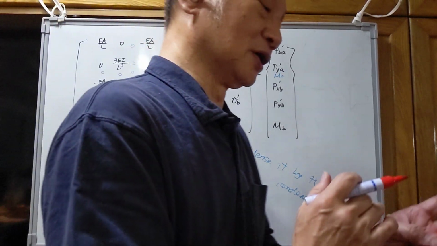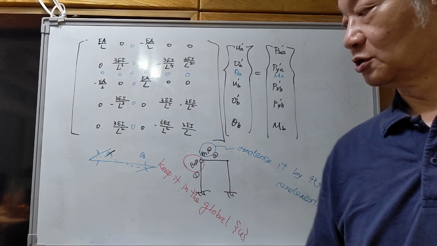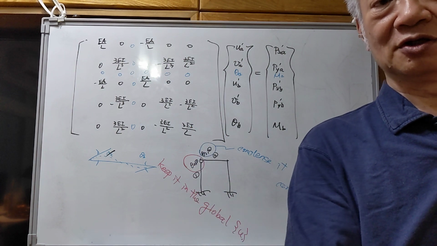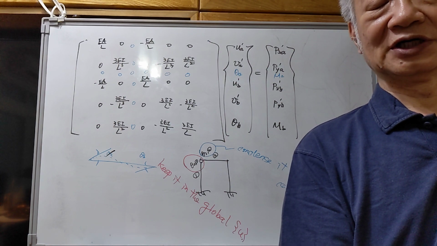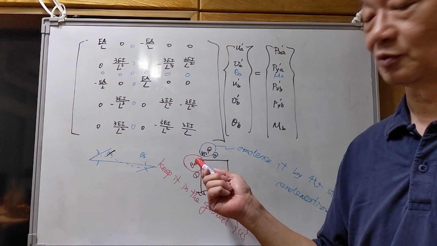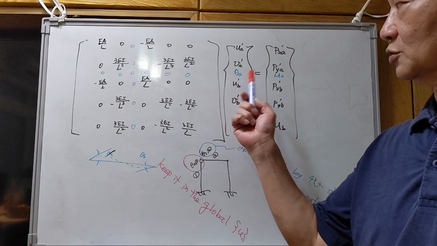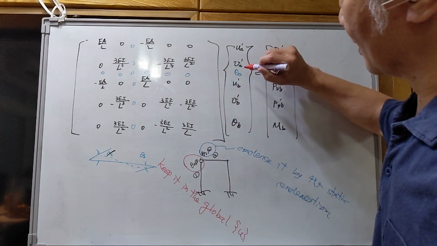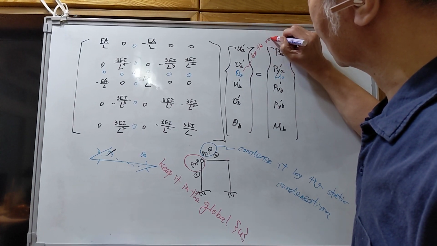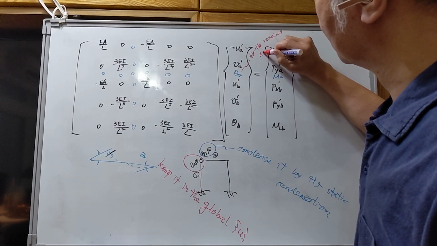Usually, if we have two rotations, you can condense out only one. You need to keep one rotation to the final. So in this problem, if we keep theta 2,1 in the global displacement vector, you can say here will be the theta A for the remainder degree of freedom.